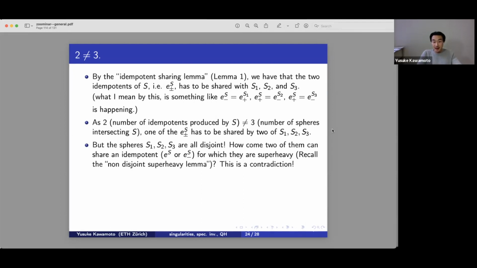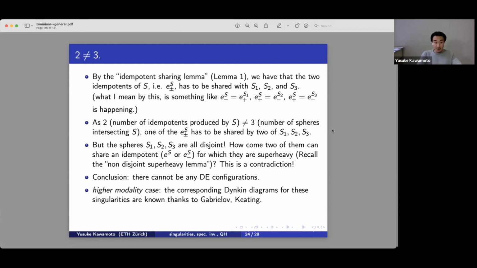And how can they share an idempotent if they are superheavy and disjoint? So this is a contradiction. Thanks to the 2 not equal to 3 property, you don't have any DE type singular configurations.